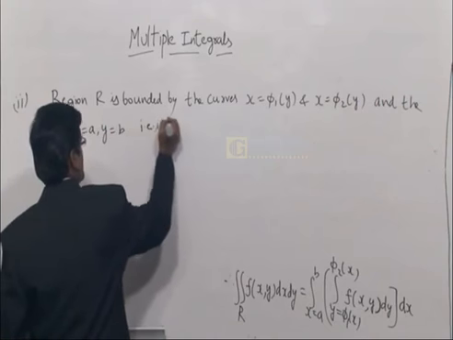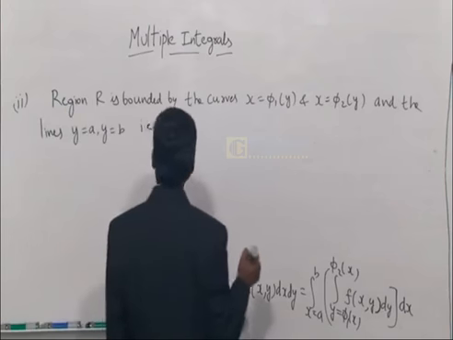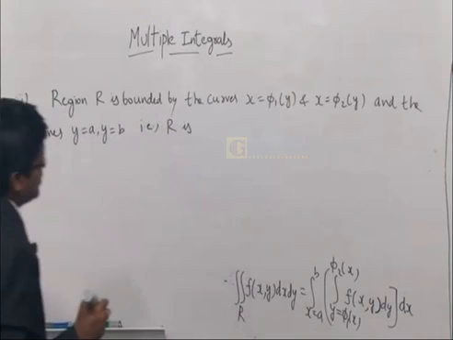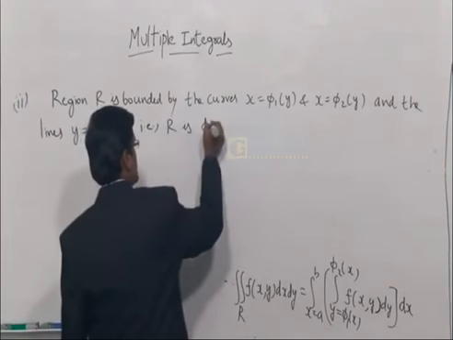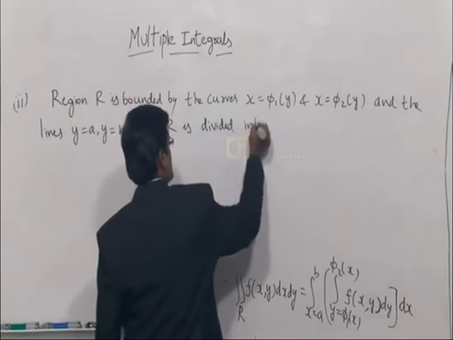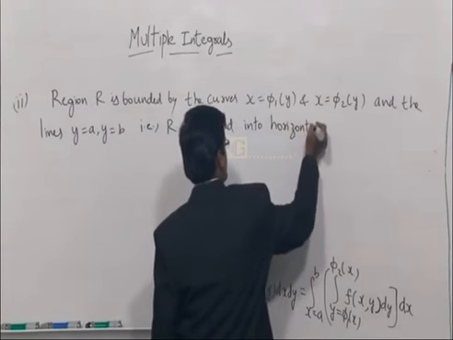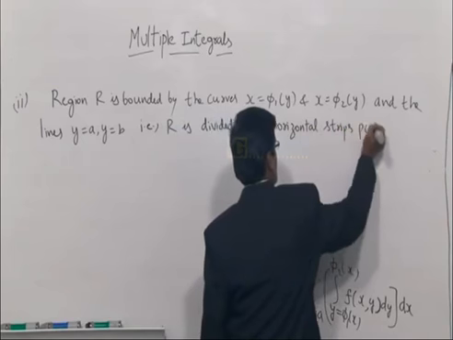That is, R is divided into horizontal strip PQ.